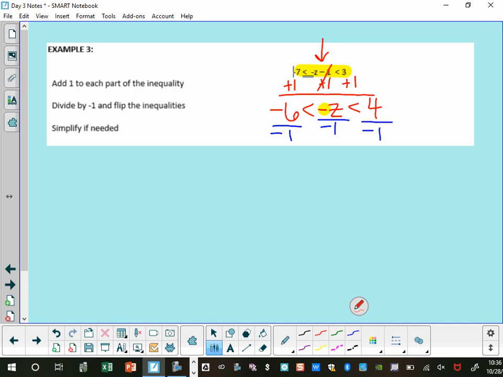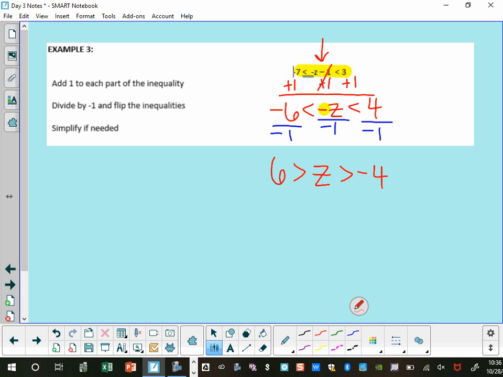So from left to right, what's -6 divided by -1? +6. What happens to my sign? It flips when I divide by a negative. I'm left with z. My sign flips again. And what is 4 divided by -1? -4. Good.